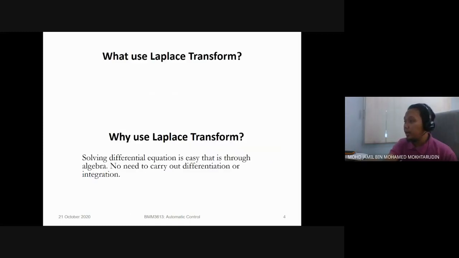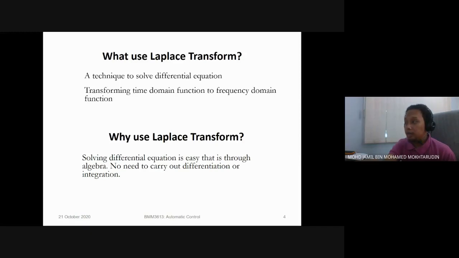So why do we use Laplace transform? Basically Laplace transform is a technique to solve a differential equation. You convert an equation or function from time domain into frequency domain. Your ODE, dy/dt equals something, has t, which represents the time domain.